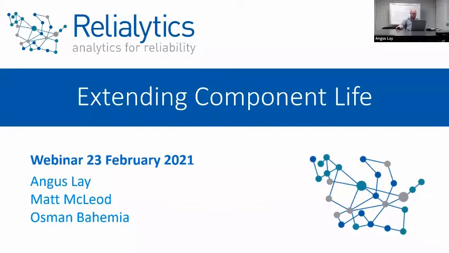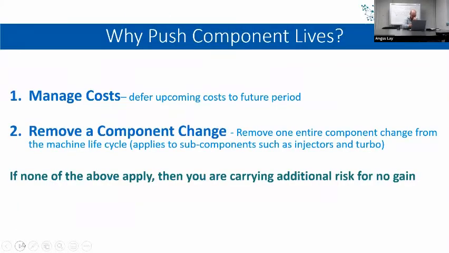Thanks, guys. So obviously with extending component lives, a couple of questions you need to ask are, why are you pushing the line? One is to manage costs, and that can be due to downturns, budget pressures, large fleets of components with PCRs that are due around approximately the same time, and OEMs no longer holding the levels of stock that they did previously.